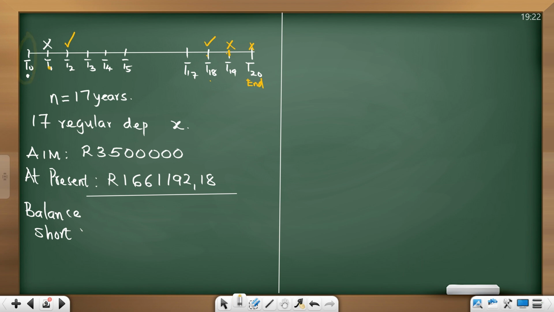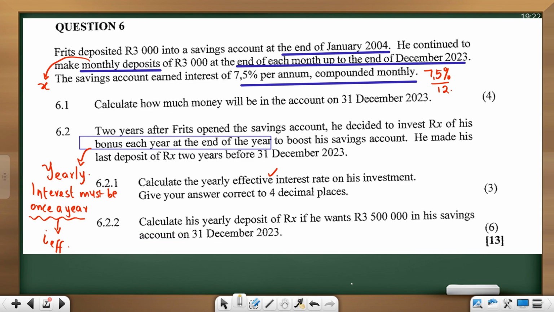Yes. T1 is 1 year after. Did he make any deposit? T2, 2 years after, did he make a deposit? Yes, he did. All right, makes sense there. Yes, sir. All right. And then he stopped paying when? He stopped paying 2 years before December 2023.